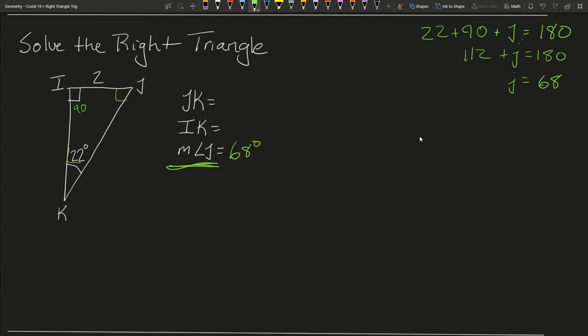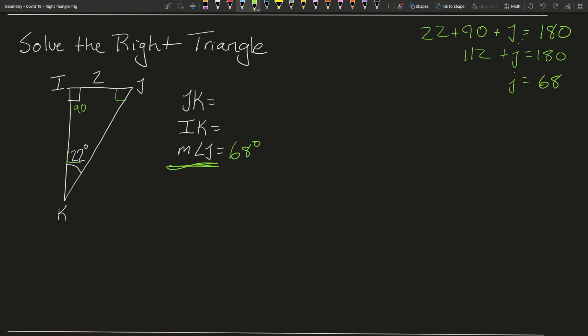So that's usually like the third option on your homework, but it's the easiest one to get. Then we can find JK, and actually I'll solve for IK first, just to show you that you can do it in different ways.